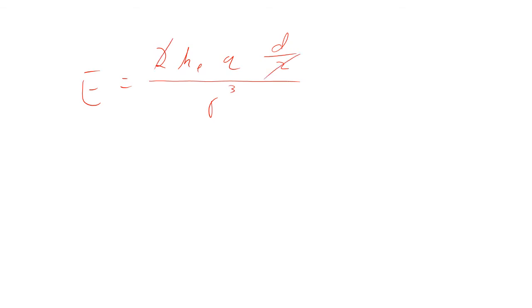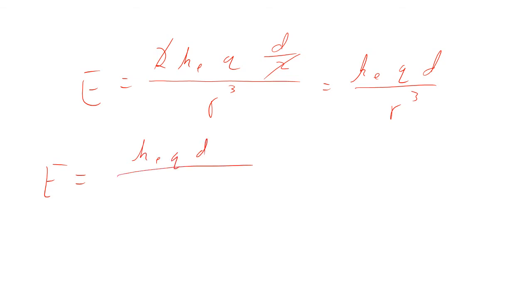So the 2's cancel, and that's going to be k_B Q d over r cubed. That gives rise to another thing here, because now we've got k_B Q d.